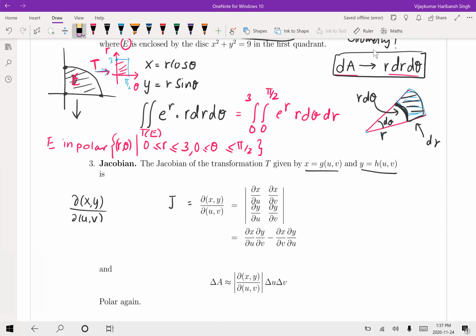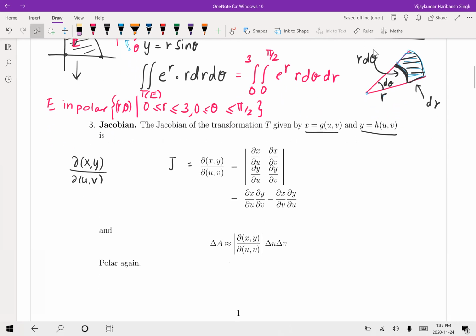So this is a Jacobian, and the idea is that the area element is related to the Jacobian in the following way. So the new area is going to be ∂(x,y)/∂(u,v) delta u delta v. So let's revisit this in terms of polar coordinates again, in terms of the Jacobian, and see what we get.